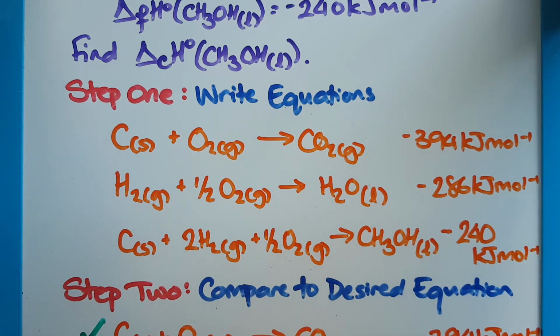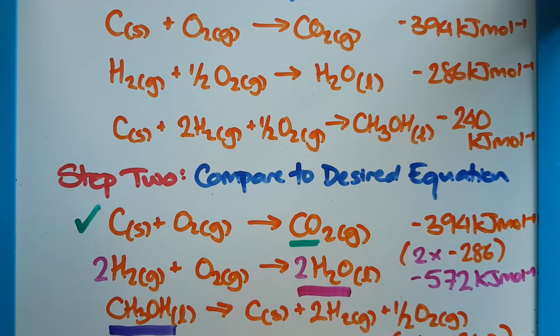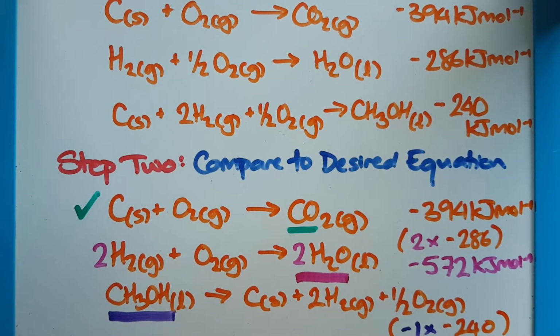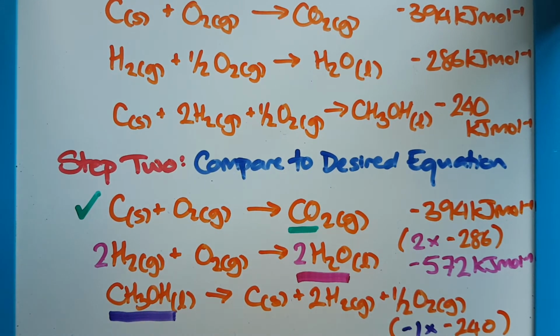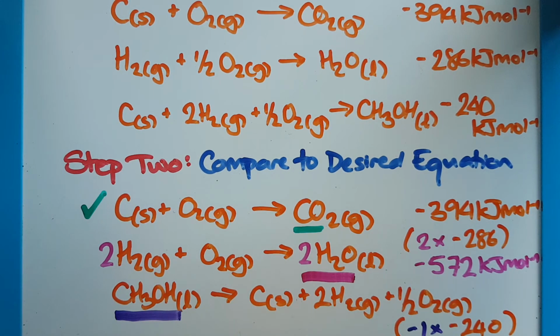So let's have a look at step 2, where we have done this comparison. The first equation was just correct because it had 1 CO2 in it, so I just leave that the way it is. My original equation had 2 H2Os being formed, so I need to double this equation, and as I said before, in doubling the equation, I also double the enthalpy change. It also had methanol as a reactant, not a product.